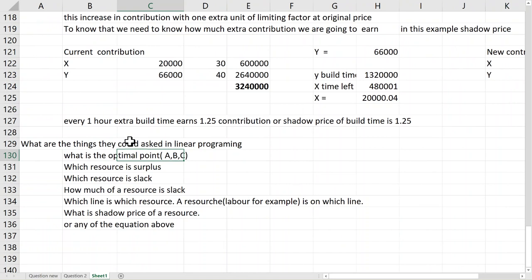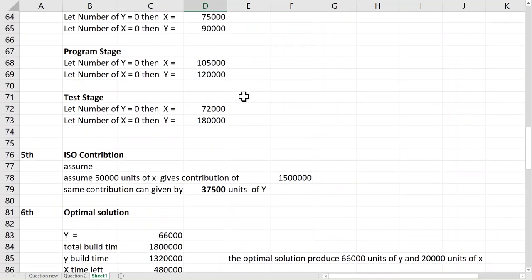So yeah, I've outlined the things that could be asked in the exam. They could ask you what is the optimal point, like they could have named the corner A, corner B, or corner C, which resource is surplus, which resource is slack, how much of a resource is slack, how much extra is needed, which line is which resource, what is the shadow price of a resource, or any of the equations above that we did here.